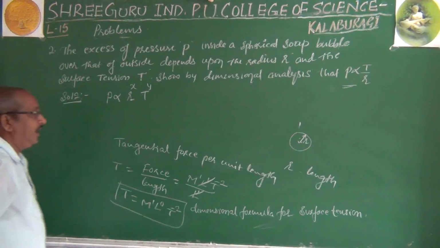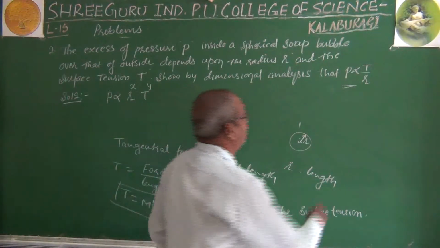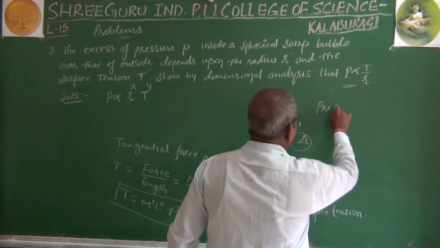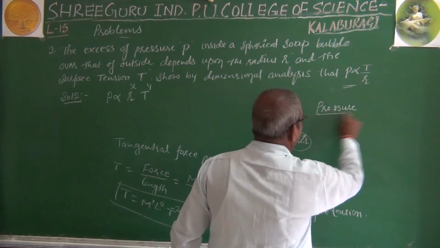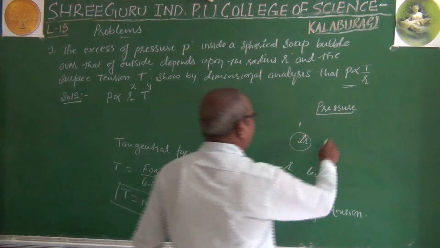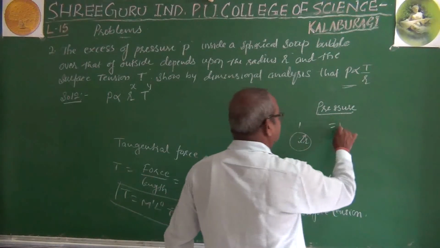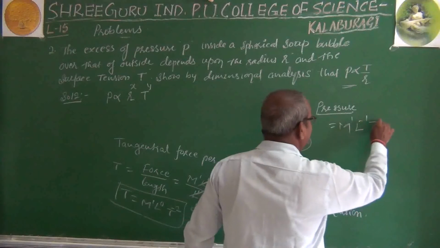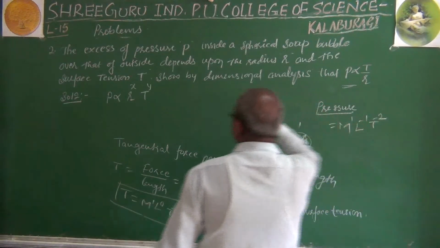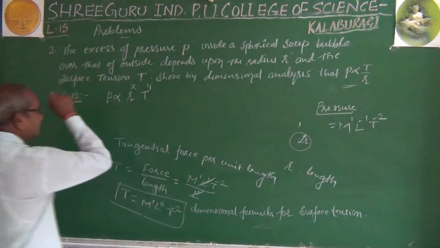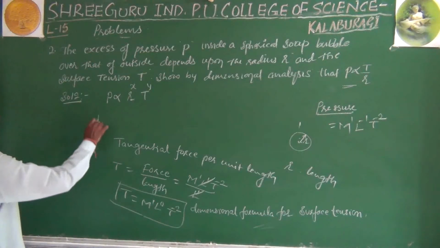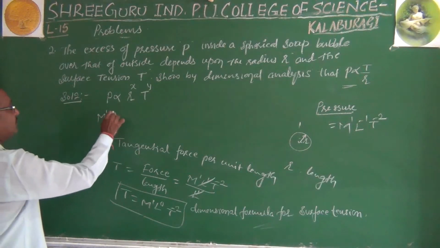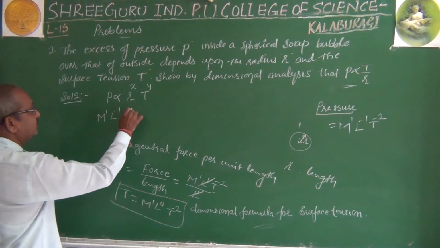Now pressure, already I gave the dimensional formula for pressure, in last class. Pressure P, its dimensional formula is M raised to 1, L raised to minus 1, T raised to minus 2. Here we have to write the pressure dimensional formula, M raised to 1, L raised to minus 1, T raised to minus 2.